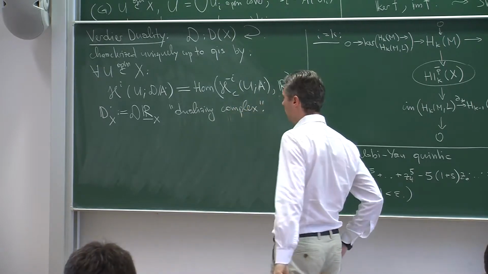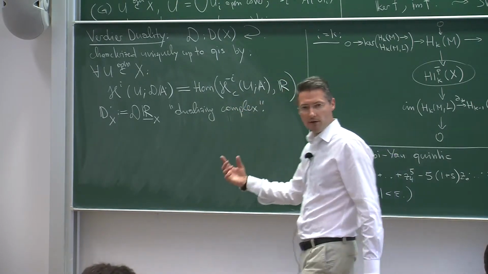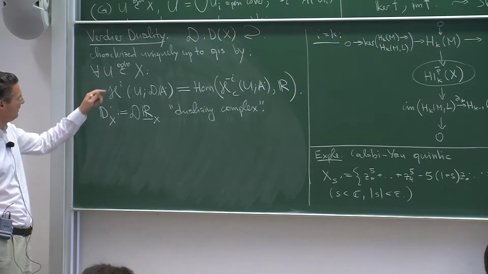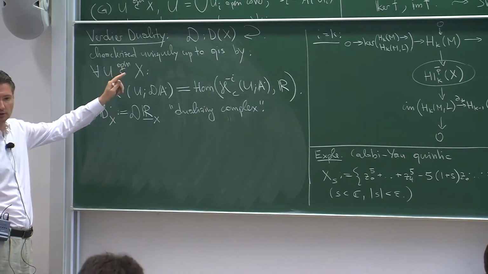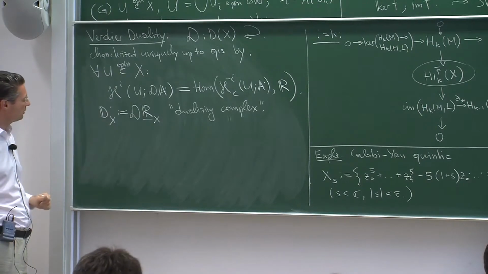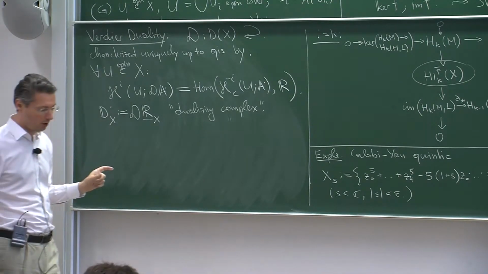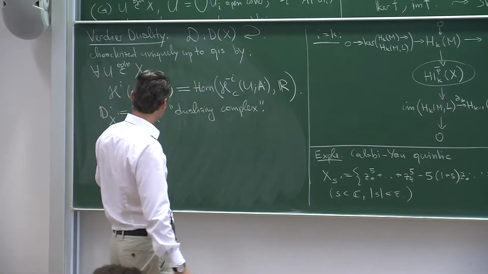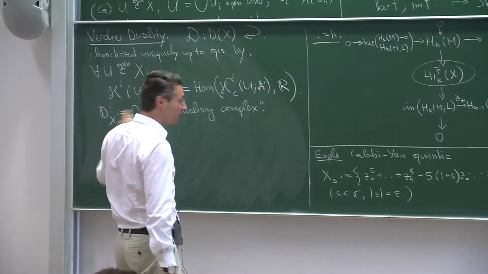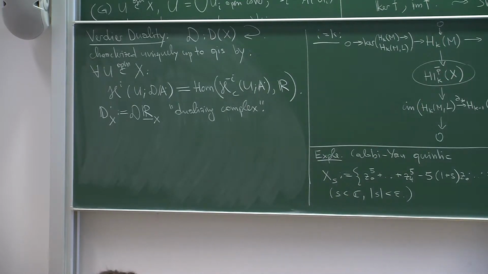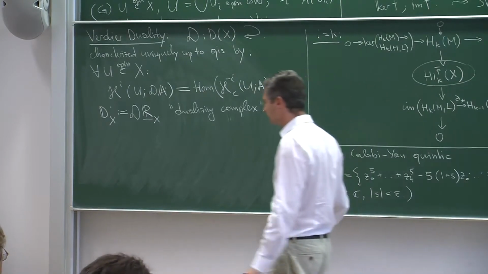And in fact, you could go another route. You could define the dualizing complex first as the primitive object, and then define the dualizing functor, the Verdier duality functor, as RHom, the right-derived functor of Hom, into not R, but into the dualizing complex. And then this would give you another way to define the dualizing functor. So that's how you can think of it.